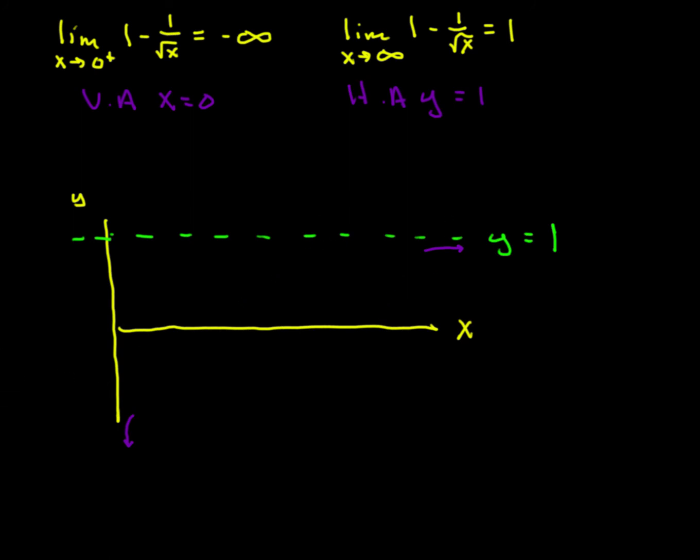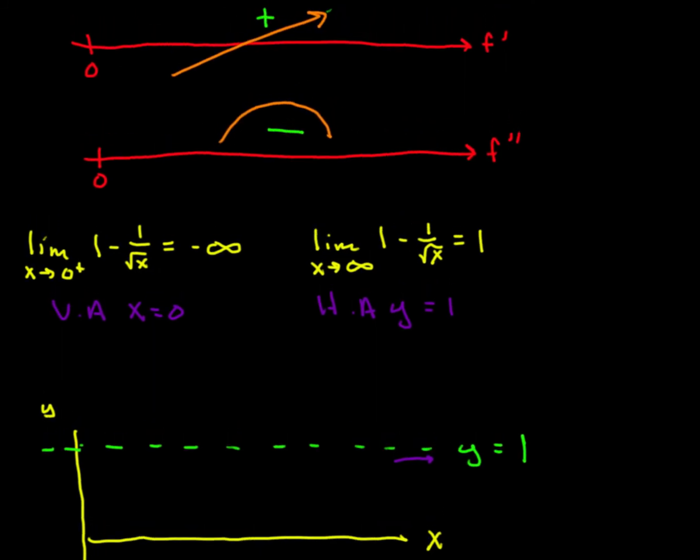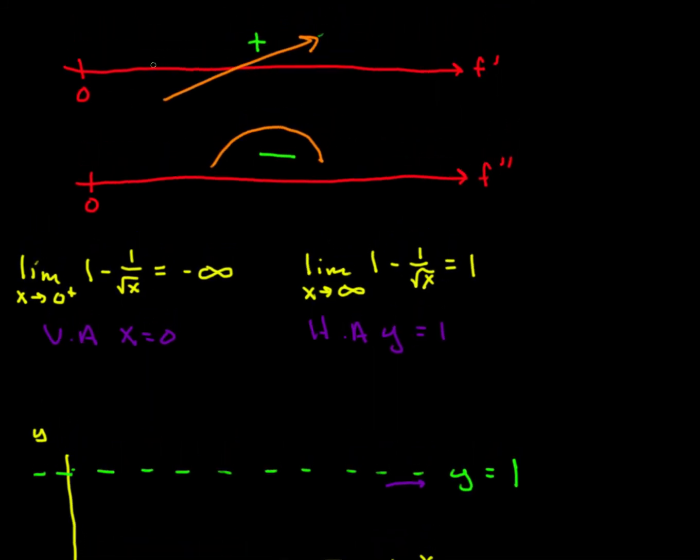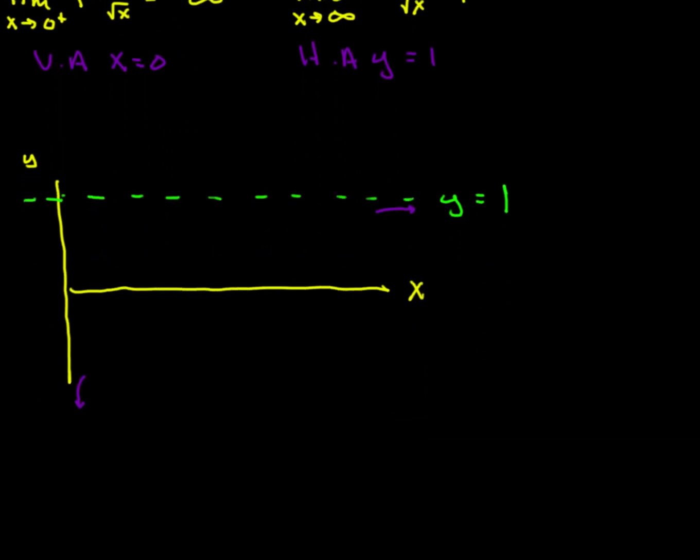Let's look at increasing, decreasing. So I know that it's increasing on the entire domain, and it's concave down on the entire domain. So let's just put that in here, that it is increasing all the way through, and it is concave down all the way through.